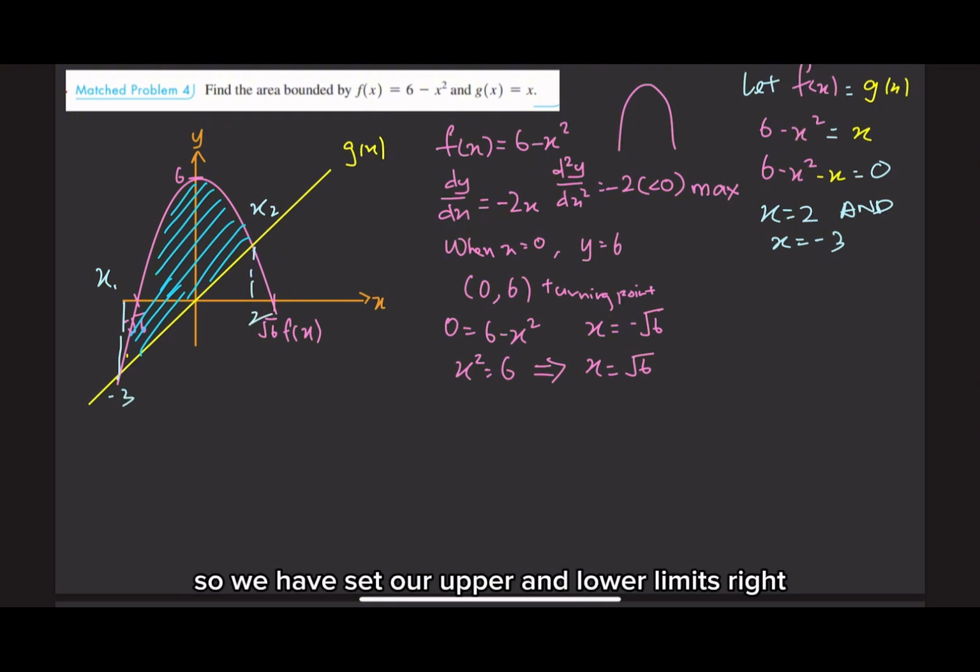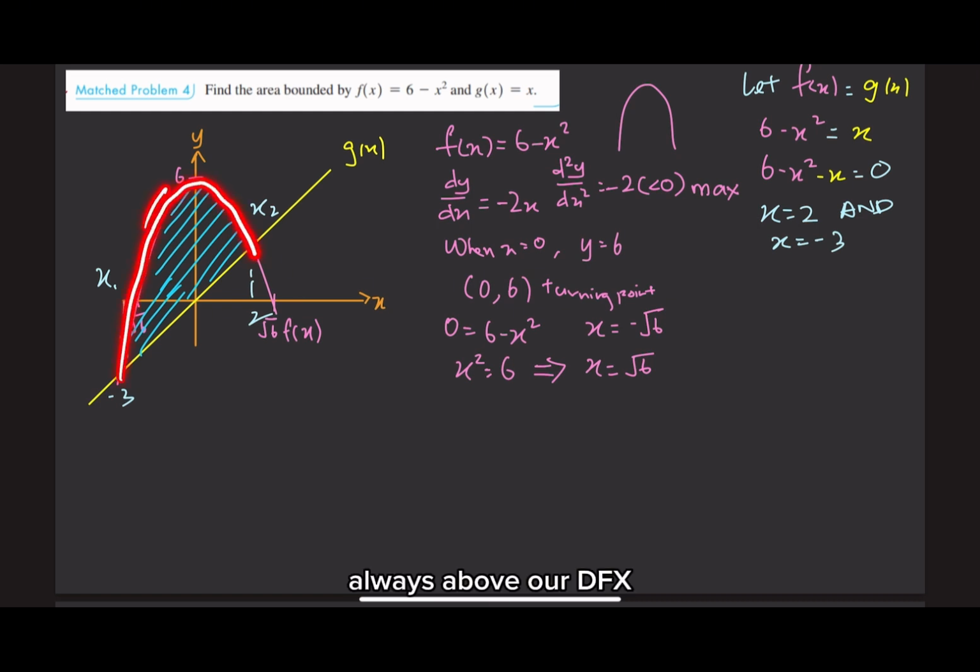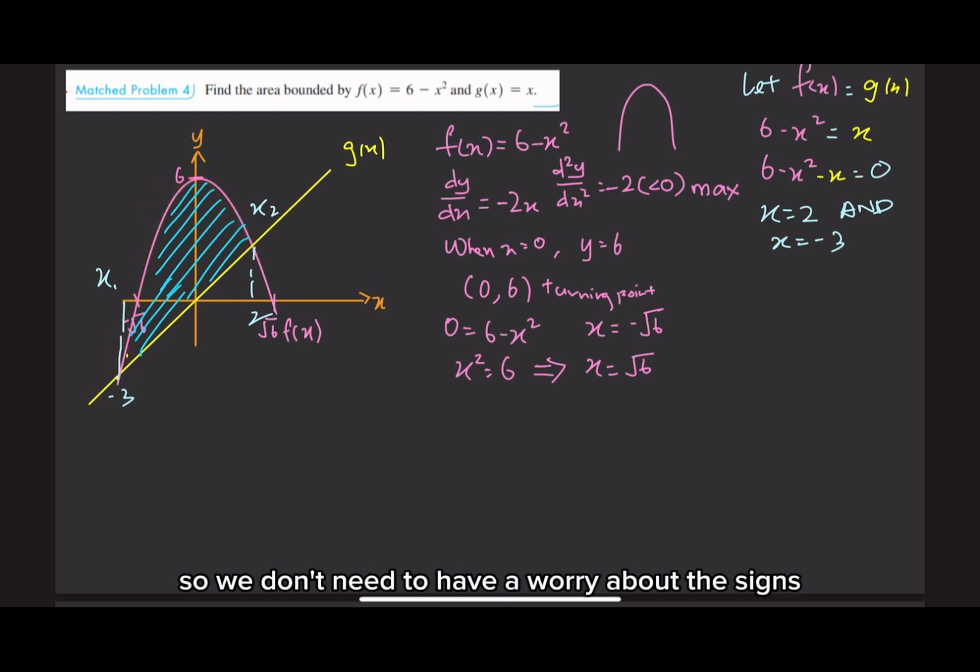So we have set our upper and lower limits, right? And after that, we always know that throughout this whole area under the curve, our f of x is always above our g of x. So we don't need to worry about the sign diagram. So here's what we do.